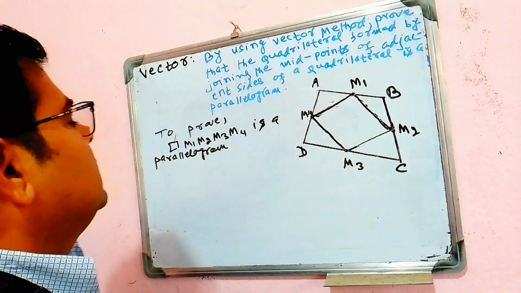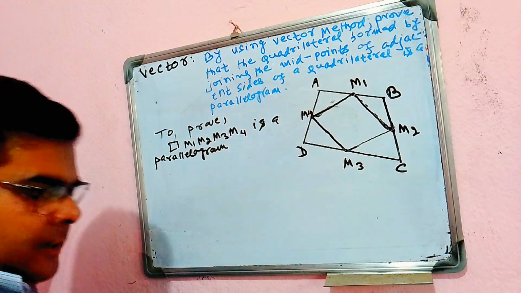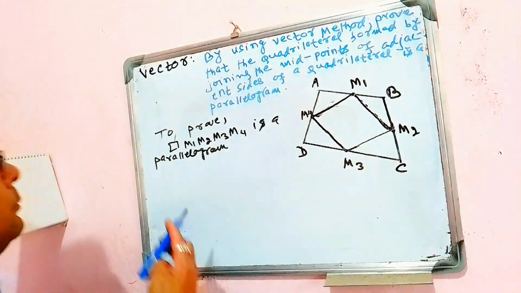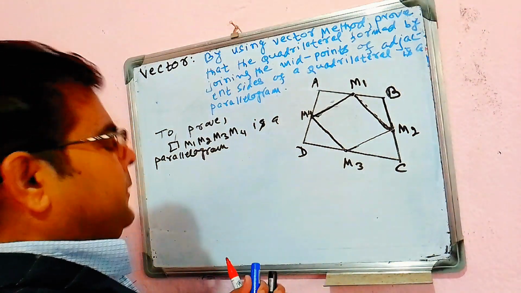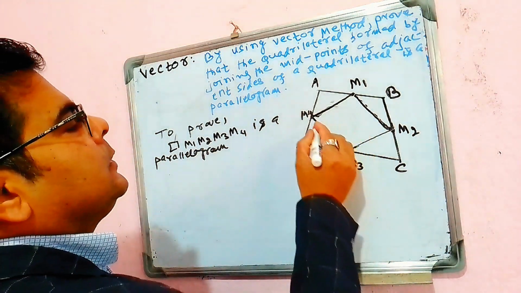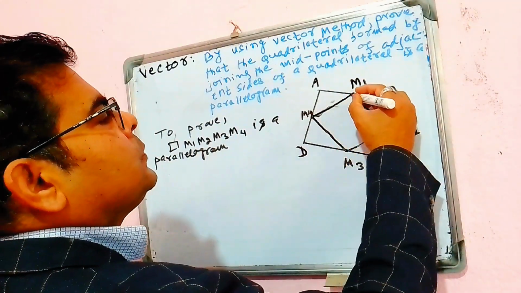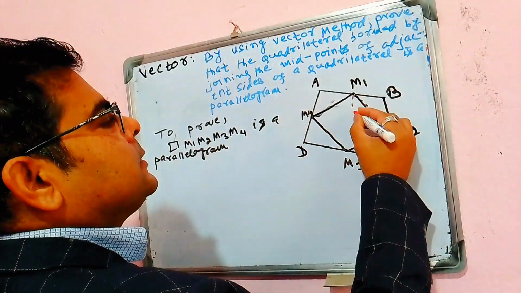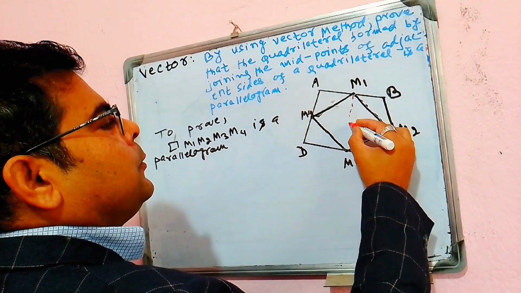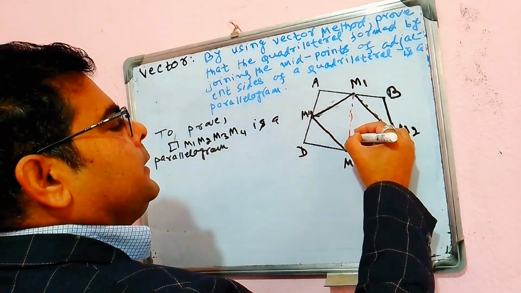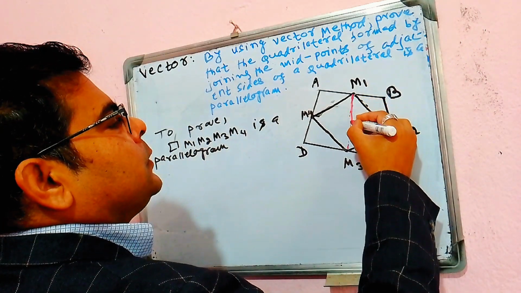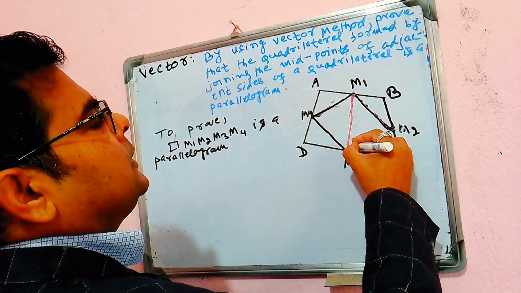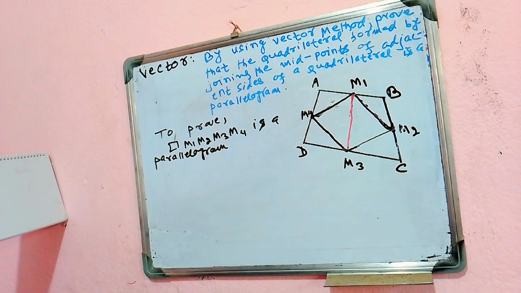In order to prove that this newly formed quadrilateral is a parallelogram, the opposite sides must be equal and parallel. Before doing so, let's draw a reference line. You can join these two midpoints which are opposite to each other.